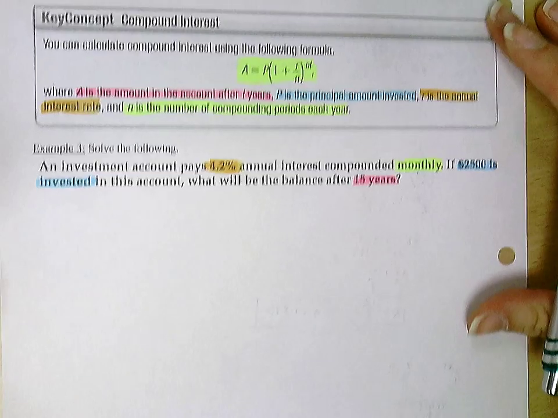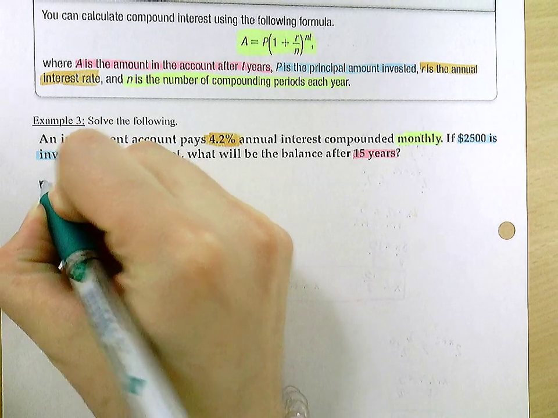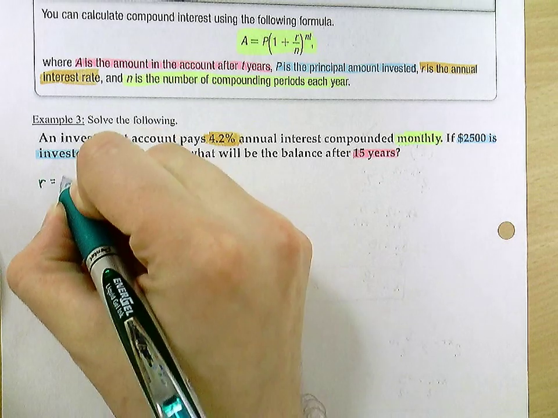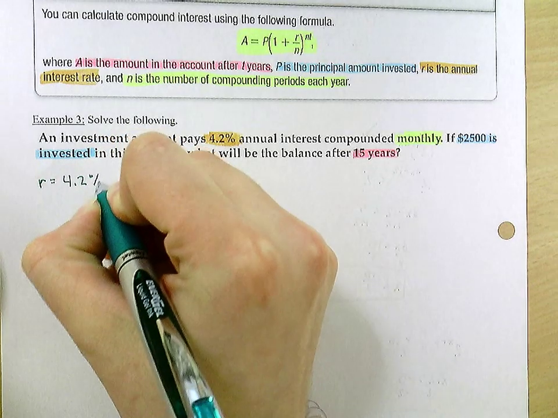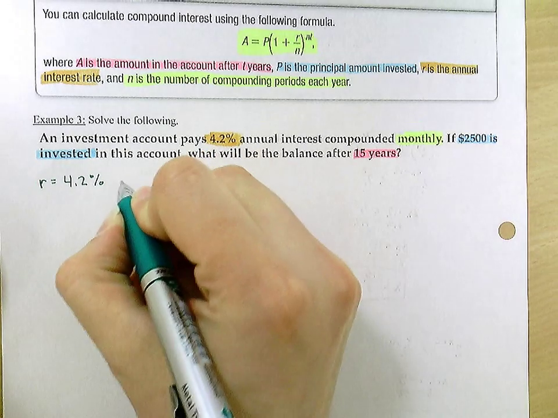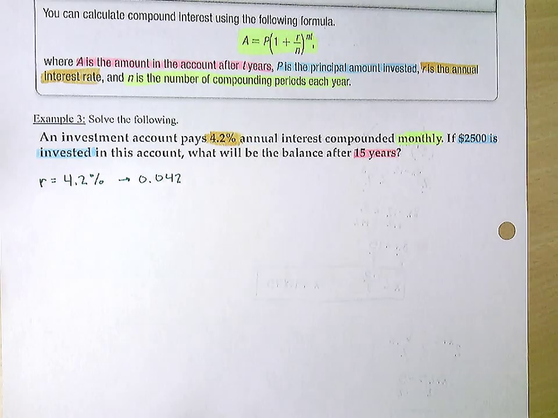All right, so I'll write this out as each variable. We have R. R is your rate, or how much percentage interest you get compounded. That is 4.2%. Now, in order to put this into our formula, we have to write that as a decimal. So change your percent into a decimal. That'd be 0.042.